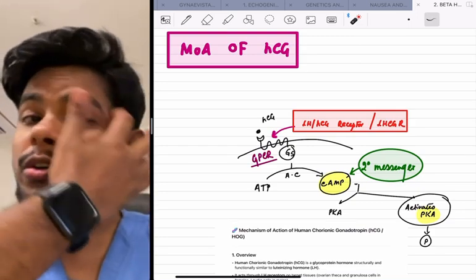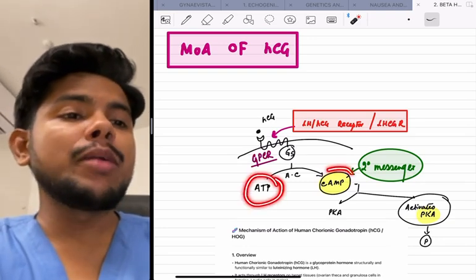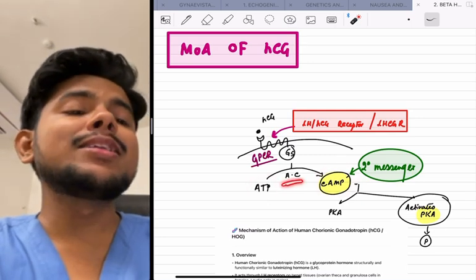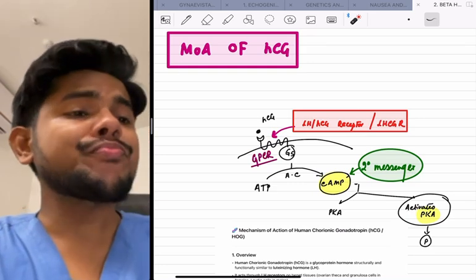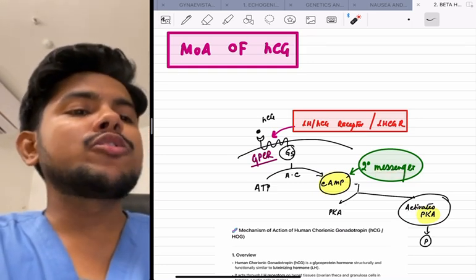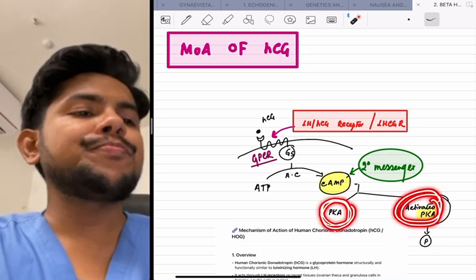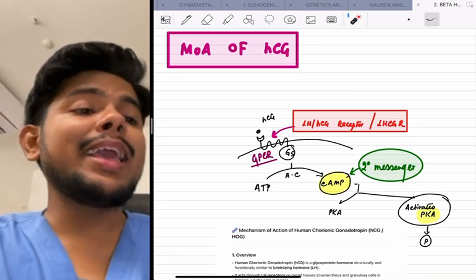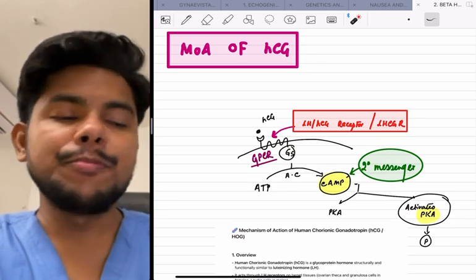All right, so whenever the alpha subunit of GS gets stimulated, it converts ATP into cyclic AMP, with the help of the enzyme adenyl cyclase, which is present on the cell membrane. Now this cyclic AMP is a secondary messenger over here, and it converts protein kinase A to activated protein kinase A, and this activated protein kinase A is going to phosphorylate different functional proteins of the cell.